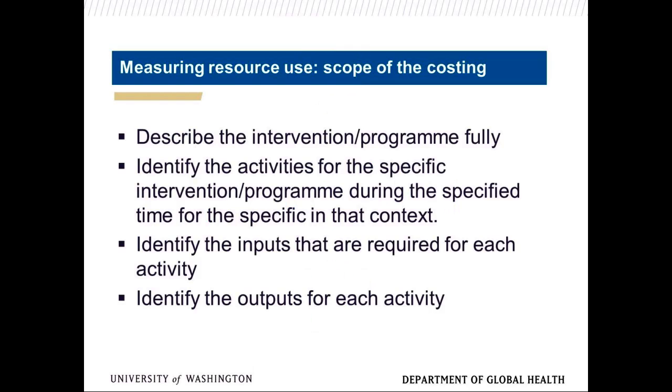After you have defined your scope, you have to measure resource use. This is the part that starts here at the University of Washington, working with your colleagues. In any country setting where you describe the intervention and the program fully, you have to understand the activities for the specific intervention. You have to identify all the inputs that are required, and you have to understand the outputs.